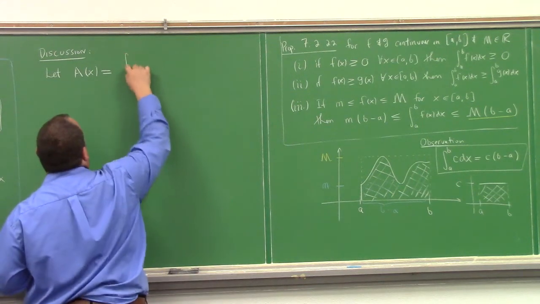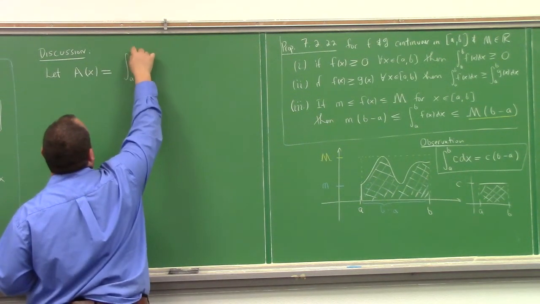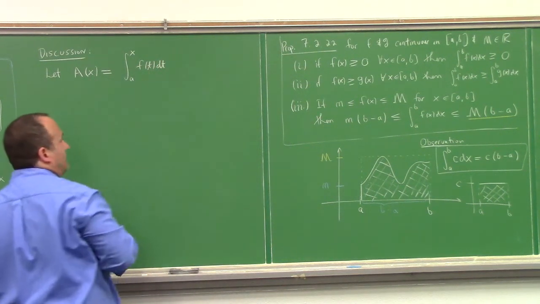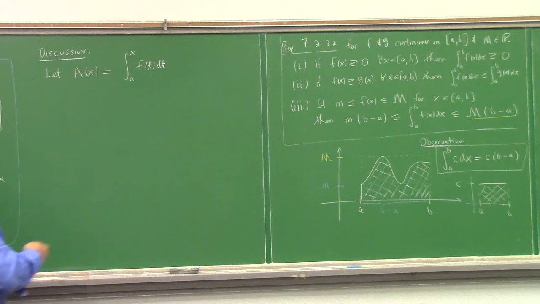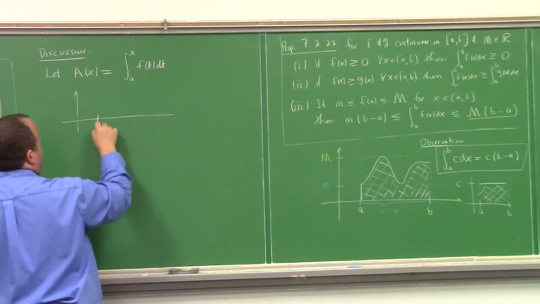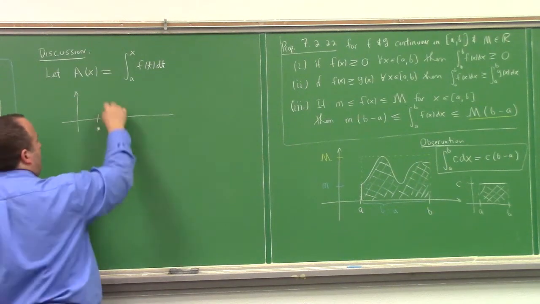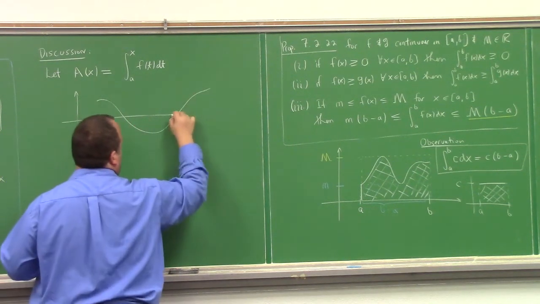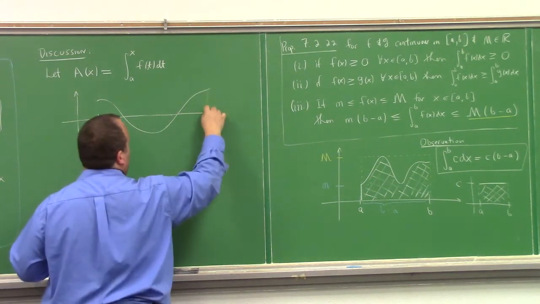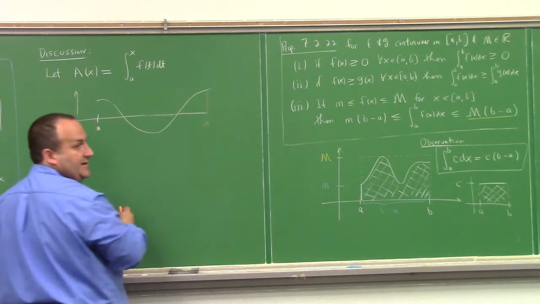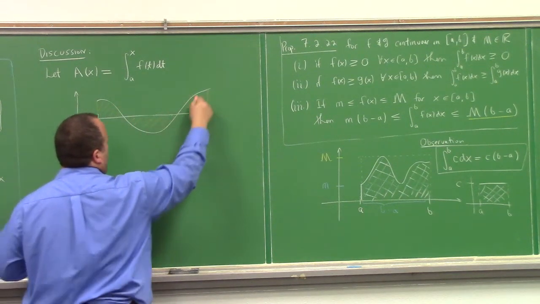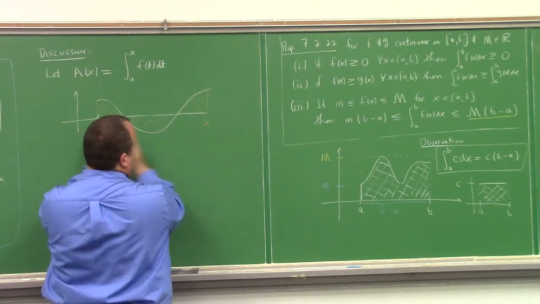A(x) is the integral from a to x of f(t) dt. To draw a picture, you pick a point a, and you look at the function, whatever it looks like. Then if this is x, A(x) is the signed area from a to x.